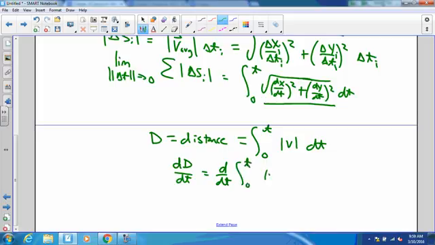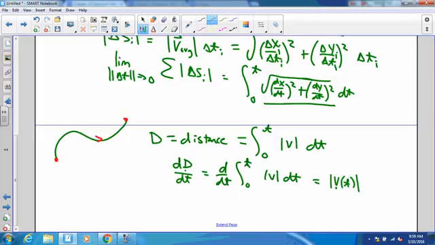And furthermore, let's call this distance d. If I appeal to the fundamental theorem, I find that the derivative of d with respect to t is equal to the speed at any time t. In other words, not the velocity, the speed, the magnitude of the velocity.